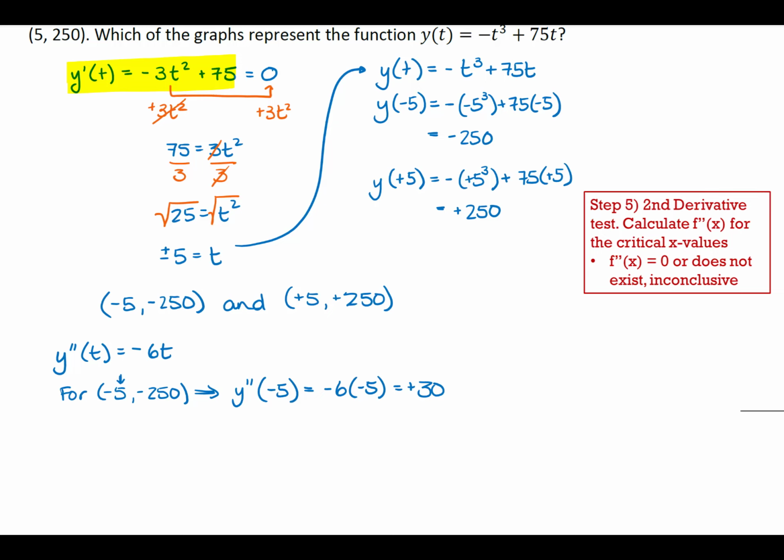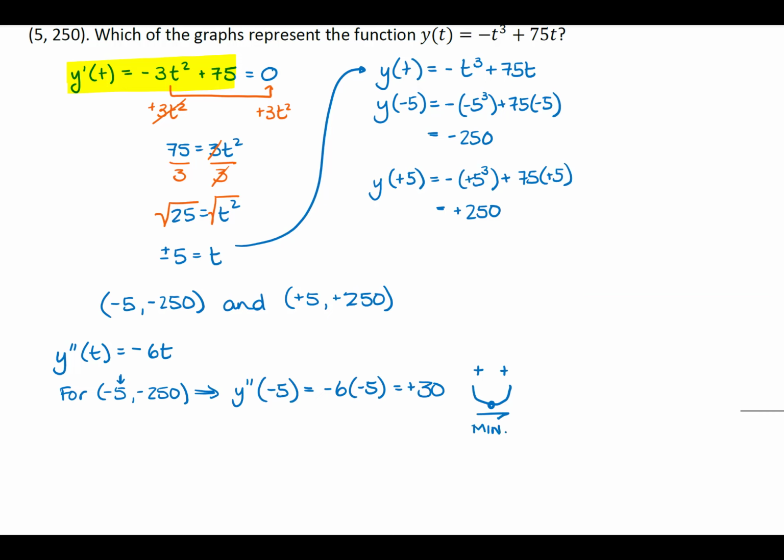When I have a positive second derivative for a critical point, it means that in that region, it's concave up. The critical point was determined for where the slope was 0, so we can see that this is a minimum, or local minimum. For the coordinate +5, +250, again, I substitute that t value of +5 into my second derivative equation, and I get -6 times +5, giving me -30.